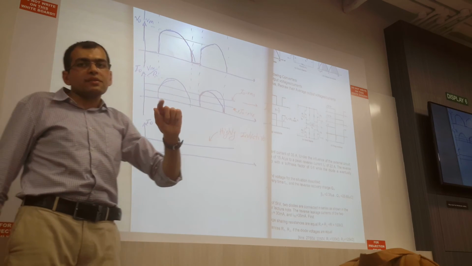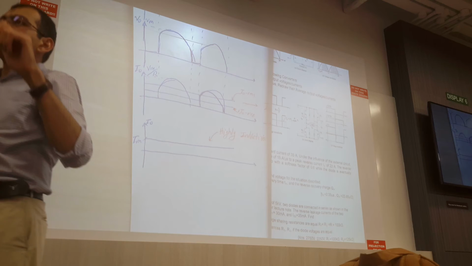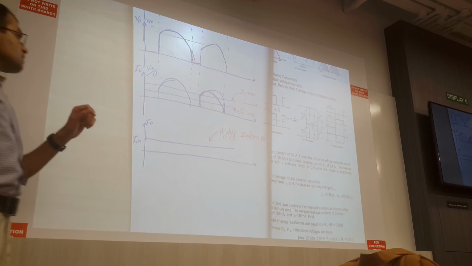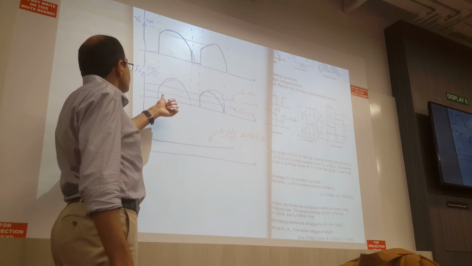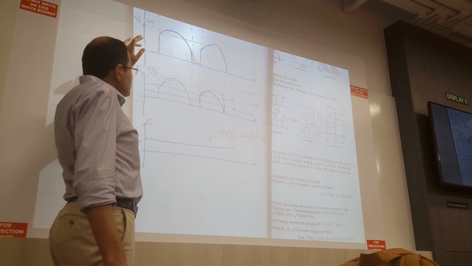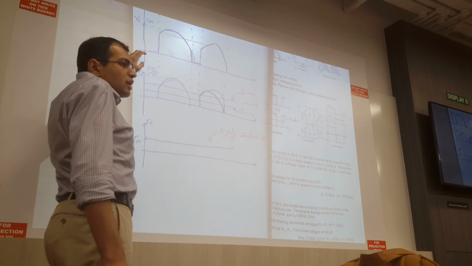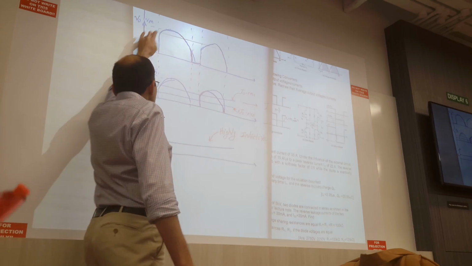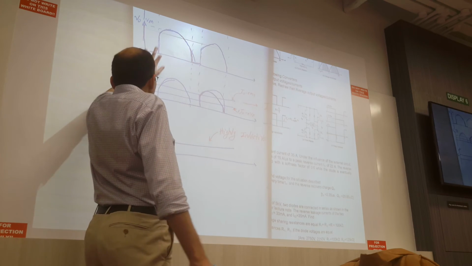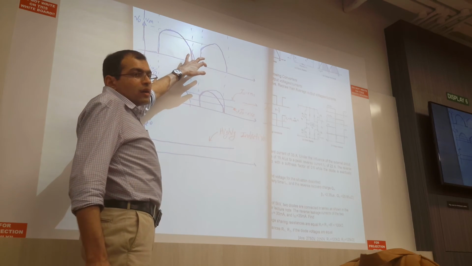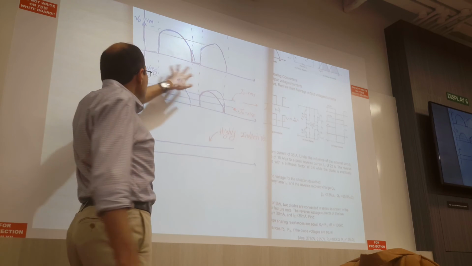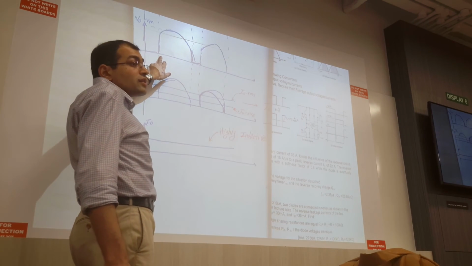There will be a difference. The only difference between this question and the previous question is that in the previous question, when you were calculating the integral, you were calculating from 0 to pi, because in all of this part you have the sinusoidal waveform. But here, from here to alpha it is 0.